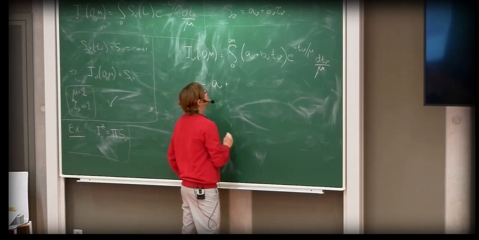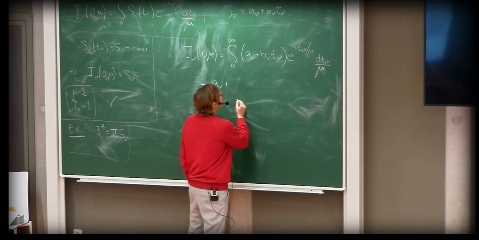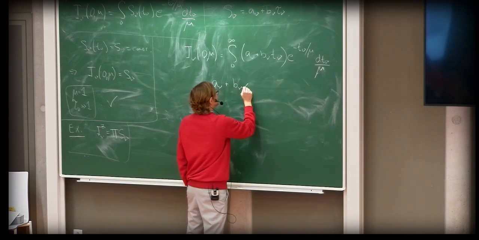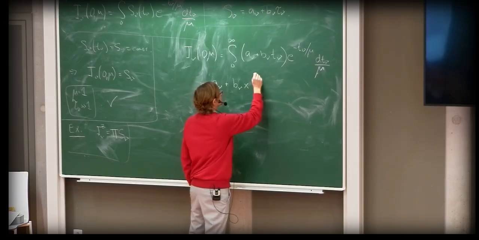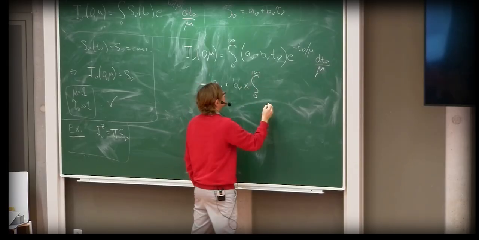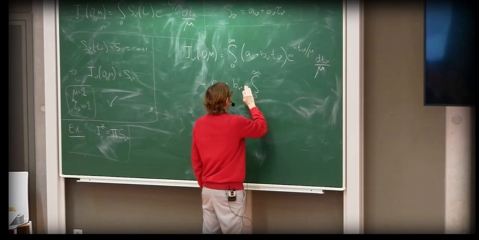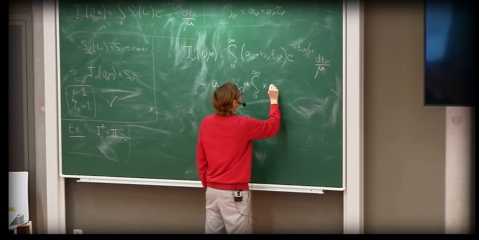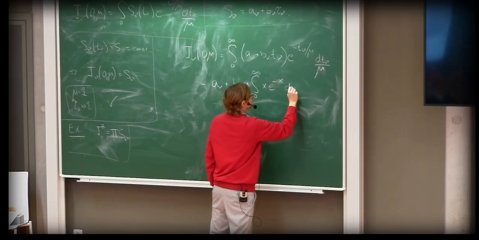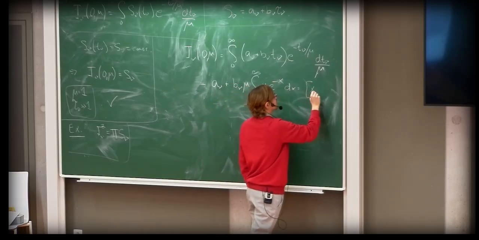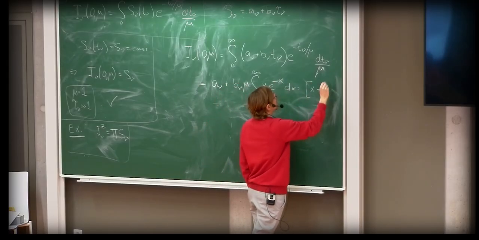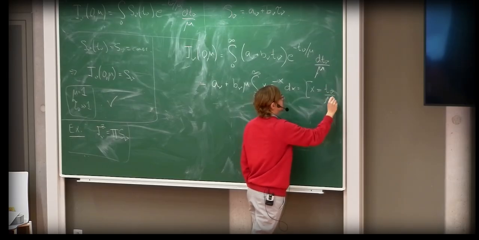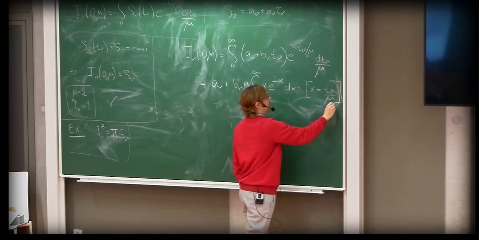But now, of course, we have this. So in this case, we need to solve an integral of this sort, B nu times the integral from 0 to infinity of mu x e to the minus x dx, where I've used x equals t nu divided by mu.